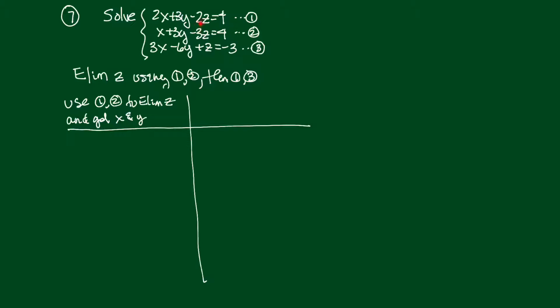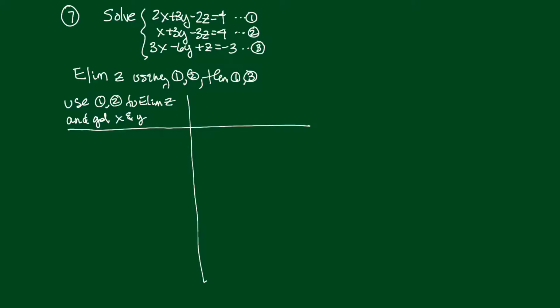So I focus in on those coefficients. I want them to be opposites. The smallest number they both divide into is 6, so I'm going to make them 6s. I'll multiply equation 1 by 3, the second one by 2. But I need a negative multiplier, because they're both the same sign and I need opposite signs. So I'll multiply this by a negative.